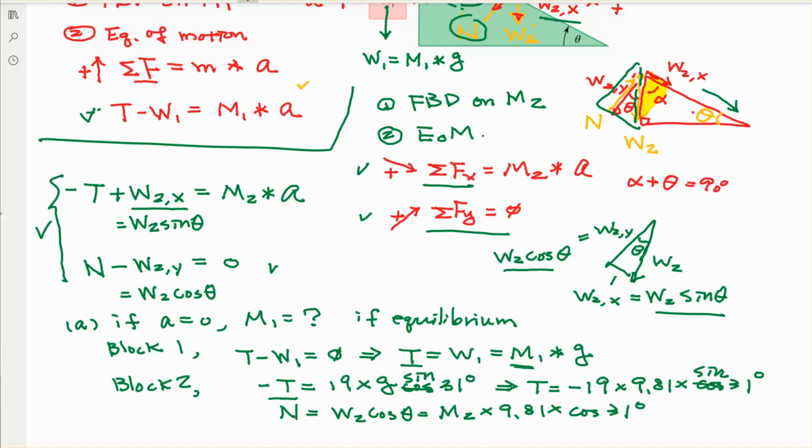So by putting this T back into this equation, because T is equal to this, you can find out what the M1 value is, because g is 9.8.